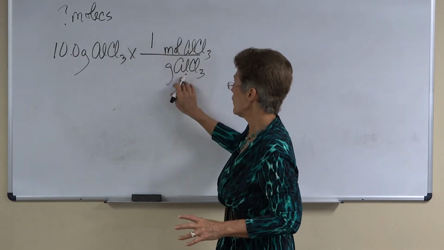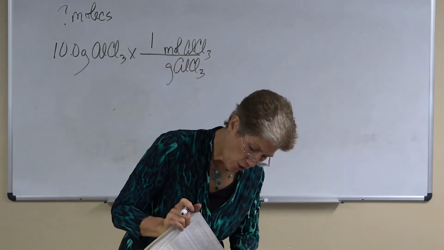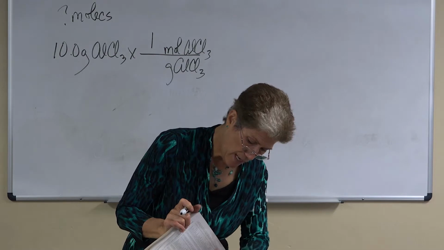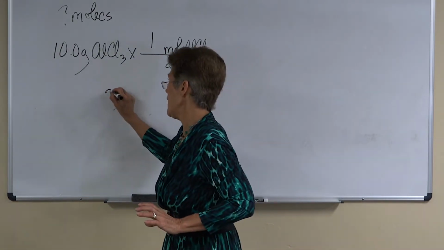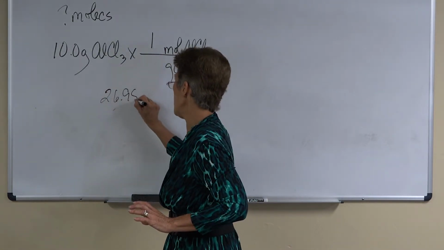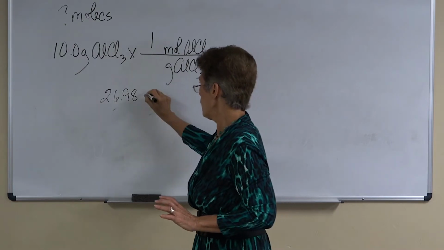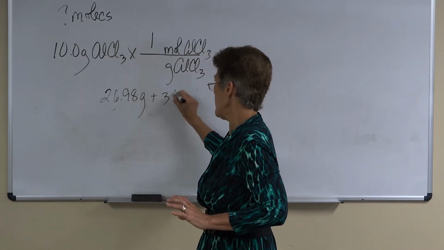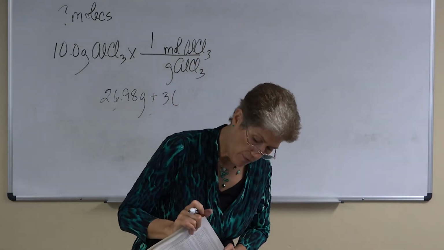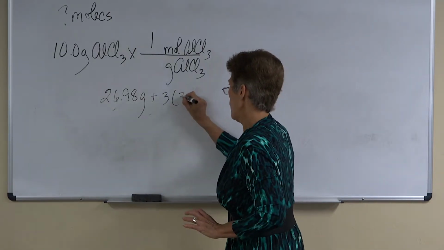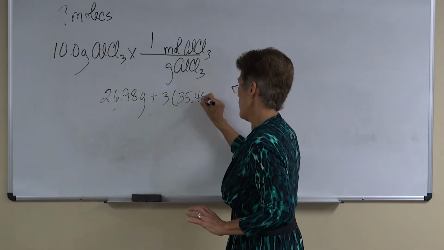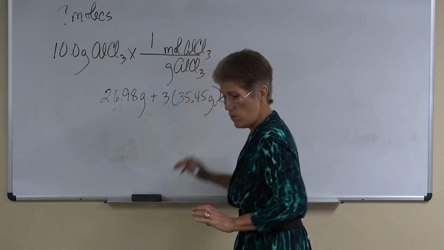With every 1 mole, we're going to add this up. We're going to look at your chart. Aluminum is in group 3. It's 26.98, and there's 1 of them, plus 3 chlorines, which is 35.45 grams.